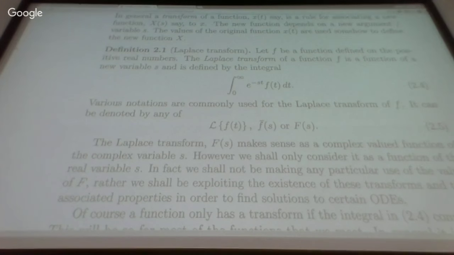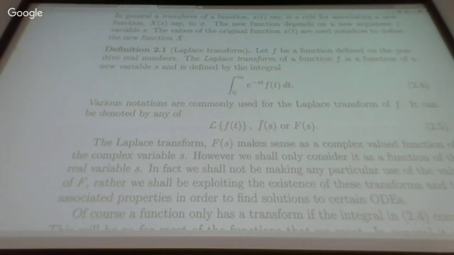And the actual definition is an integral transform, and we're integrating this exponential here, e to the minus st, multiplied by f of t, and integrating this with respect to t across the whole range from 0 to infinity. So we're kind of integrating out the variable t, or summing up all the values of f.